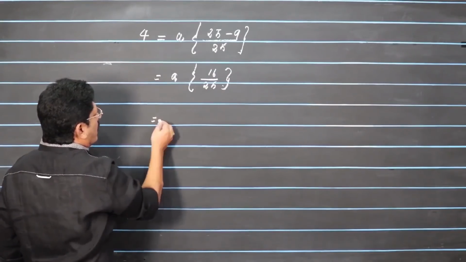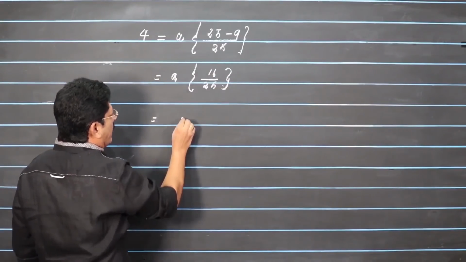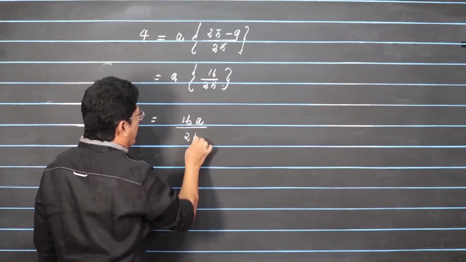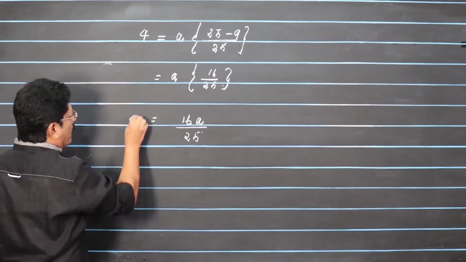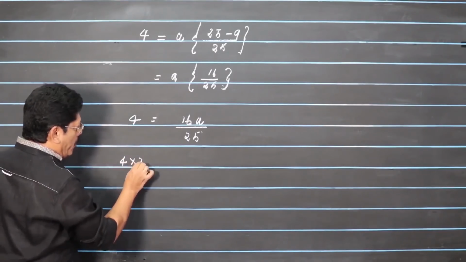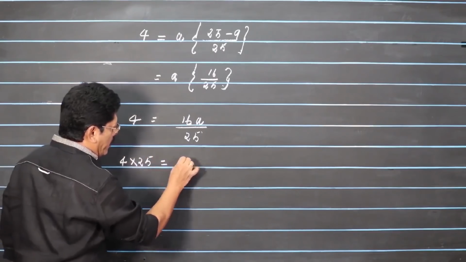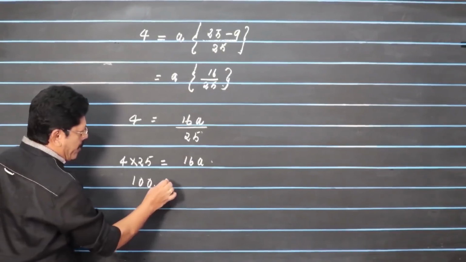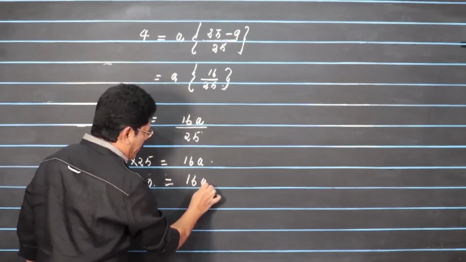So 16a by 25 is equal to 4. On cross multiplication, 4 into 25 is equal to 16a. So this will give you 100 is equal to 16a.